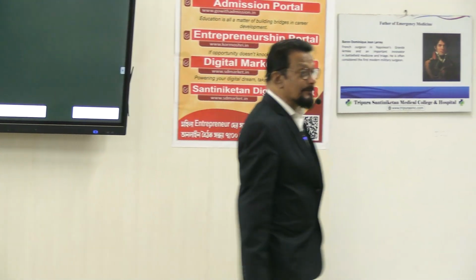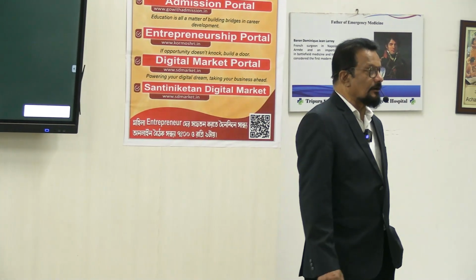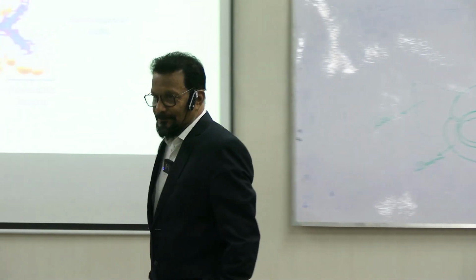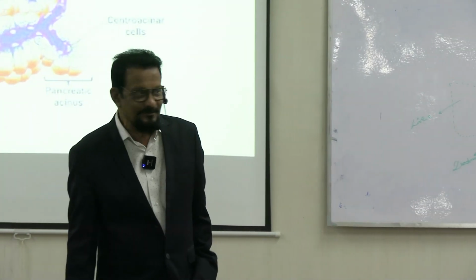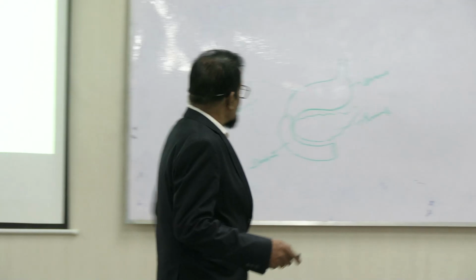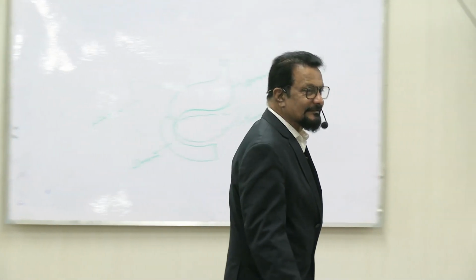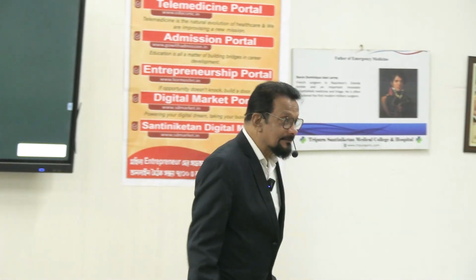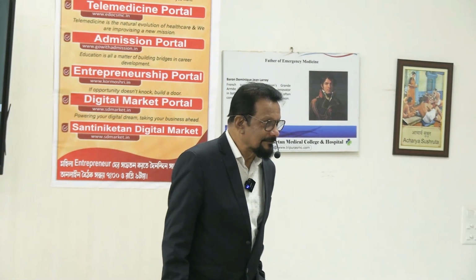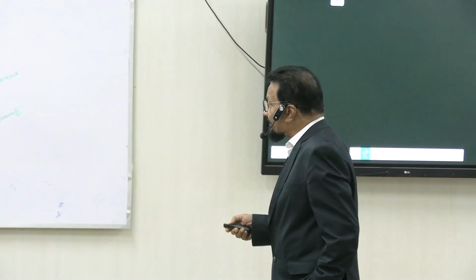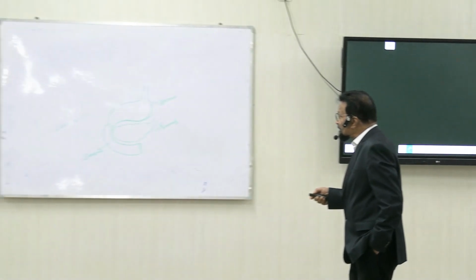These zymogen granules are actually the proenzymes, precursors of enzymes. We'll come into this, what are the different precursors of enzymes. They are responsible for the synthesis of different pancreatic enzymes. Which cells? Acinar cells.